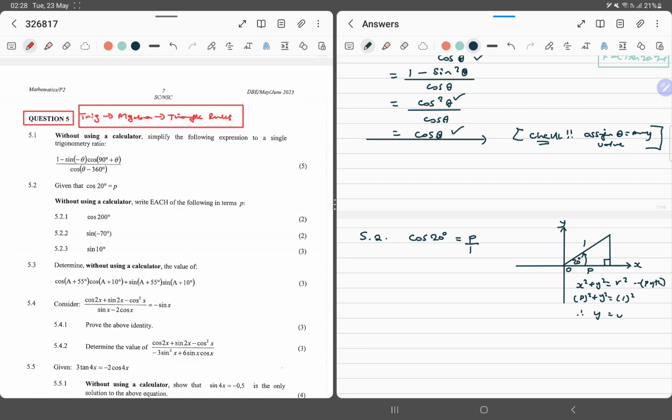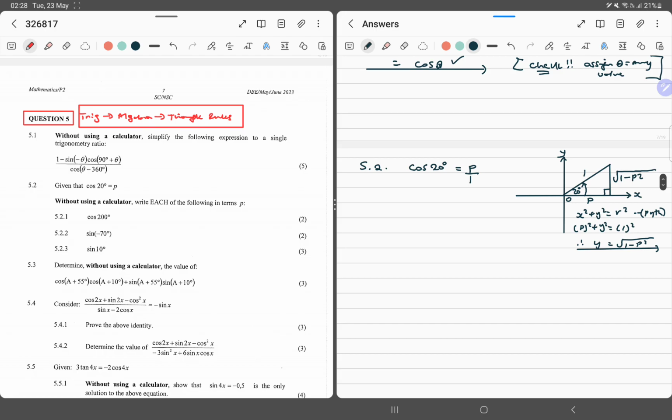Therefore, we know that y is going to be the square root of 1 minus p squared. Okay, that is critical. Always do it before someone does it. You can even write it down here if you like, without even showing the calculation. Because I'm in grade 12 now, you're no longer in grade 11, so spoon feeding is not really expected.